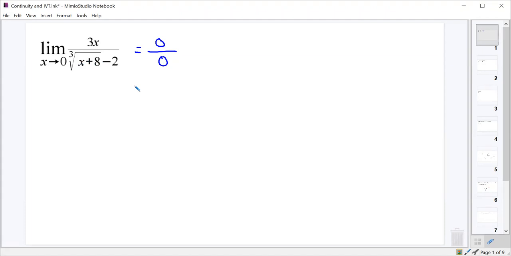Any other ideas, anybody? Maybe you could move the minus 2 somewhere else by writing it as a different limit. That's a good idea. We've separated stuff out, but all the ones that we've separated out so far had a plus or a minus in the numerator.